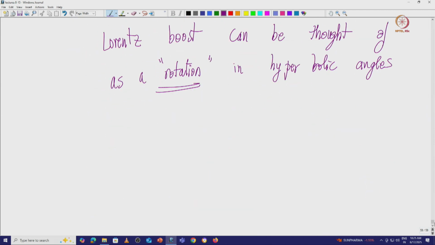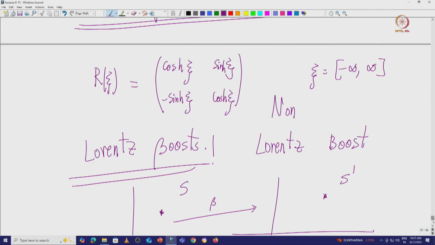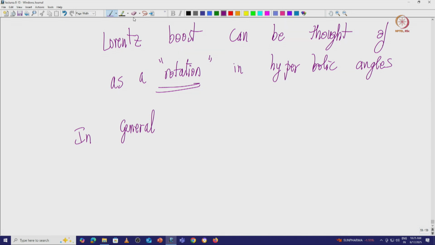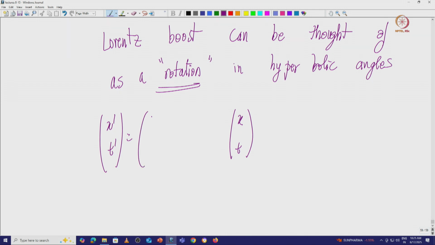Now this boost is non-compact because it's in the x direction. One second, let me do the 2 dimensions again. If you do a boost in x and t, you get x prime, t prime equal to the matrix cosh xi, minus sinh xi, minus sinh xi, cosh xi.